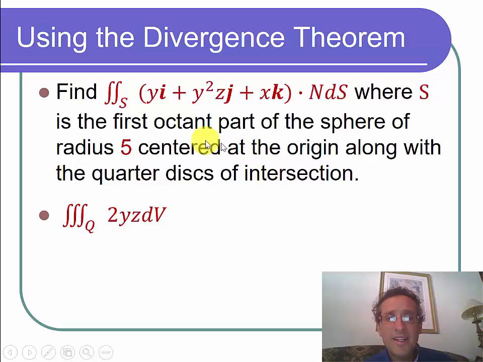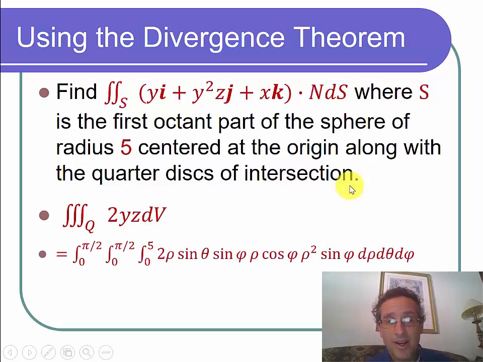Notice that since the surface is a sphere, that tells us spherical coordinates will probably be the best way to work this out. I do it that way. I have my 2. Y is equal to rho sine theta sine phi. Z is equal to rho cosine phi.